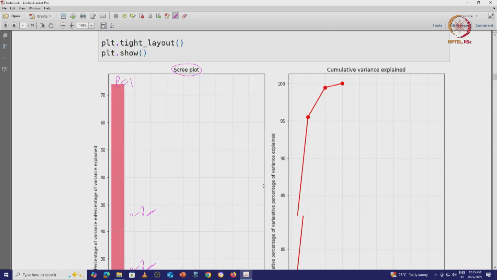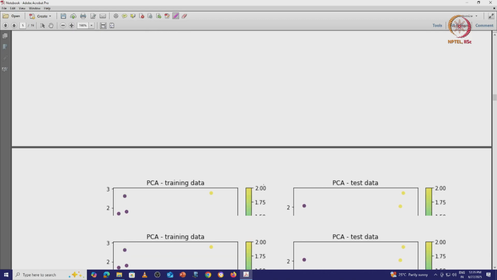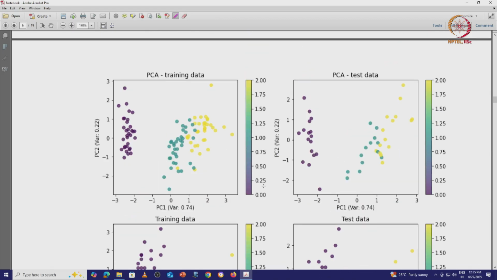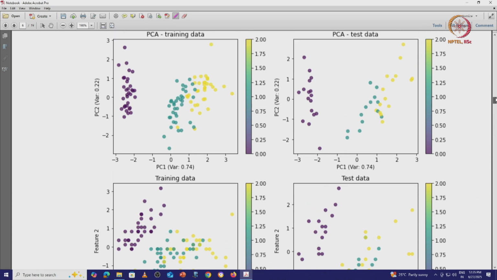Alright, so let's go ahead. So what do we see now? There are 4 plots. The top 2 plots are PC2 versus PC1, with the explained variance of 0.22 for PC2 on the y axis and the explained variance of 0.74 for PC1 on the x axis, and you can see that the points are already sort of segregated into different types of flowers.